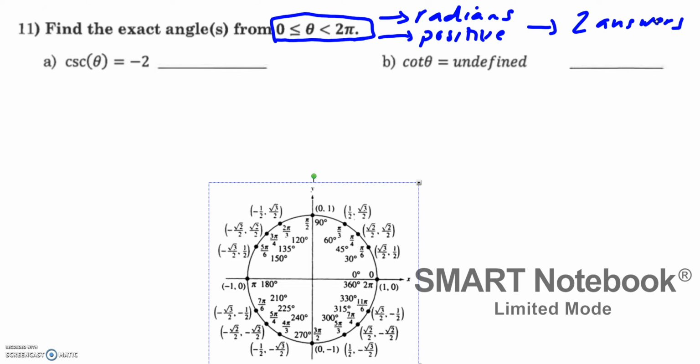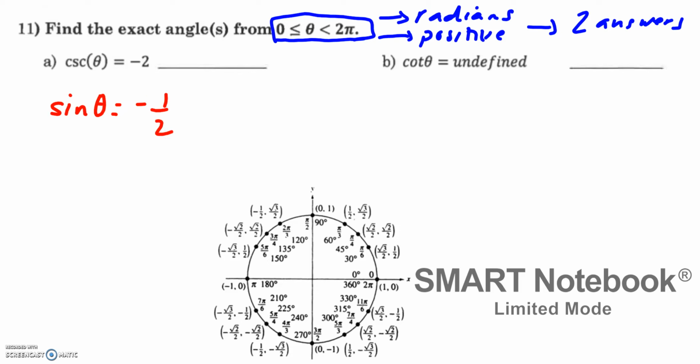So if I looked at part A, I'm asking at what angles are the cosecant values -2? Now we're not as familiar with cosecant, so what we could do again is change our perspective to be sine. If cosecant equals -2, that means the reciprocal function, sine, is equal to -1/2.